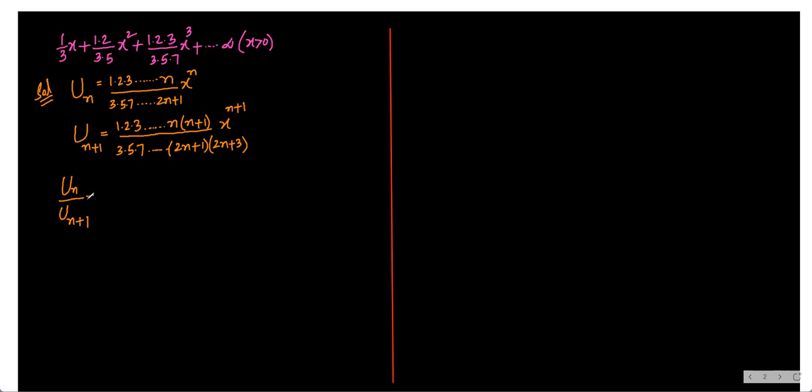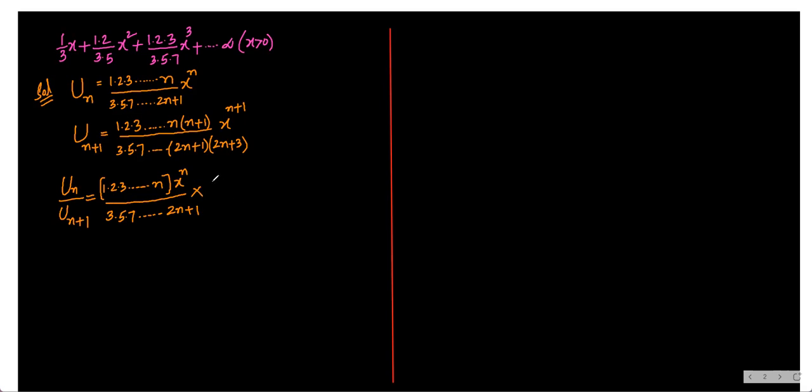So this is 1 into 2 into 3 and so on, n, into x power n is also there. I will be taking this in a bracket, it is better. Then it is x power n divided by 3 into 5 into 7 and so on, 2n plus 1, multiplied by the second fraction, which will become reverse.